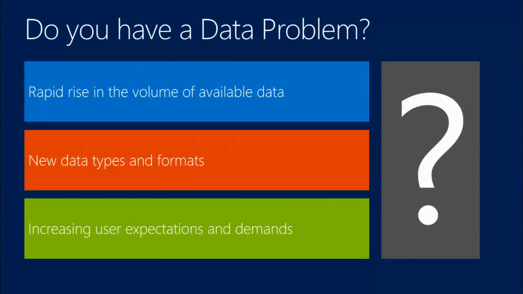So the amount of data and the types of data that are becoming available are just exploding. We already talked about that. And new data types and formats. I want to stress this enough. This is largely led by the big data movement, so you see formats like Avro and Protobuf and a bunch of others being made available.